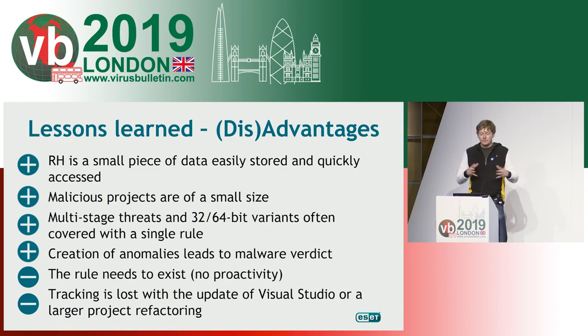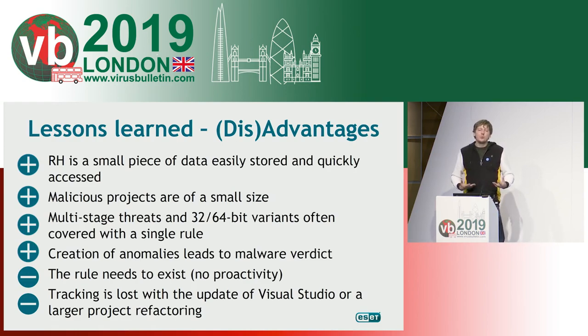First, generally, advantages and disadvantages. It is a small piece of information, so it is easily stored and quickly accessed. This is a really good thing. And basically, malicious projects, not considering coin miners and projects that incorporate big OpenSSL libraries, are of small size. So this is something that puts heuristics on the side of maliciousness.